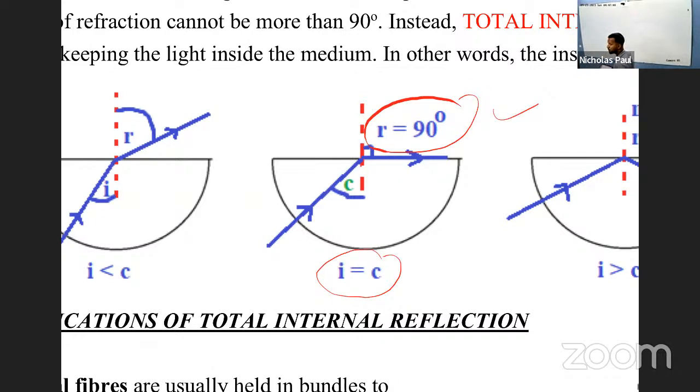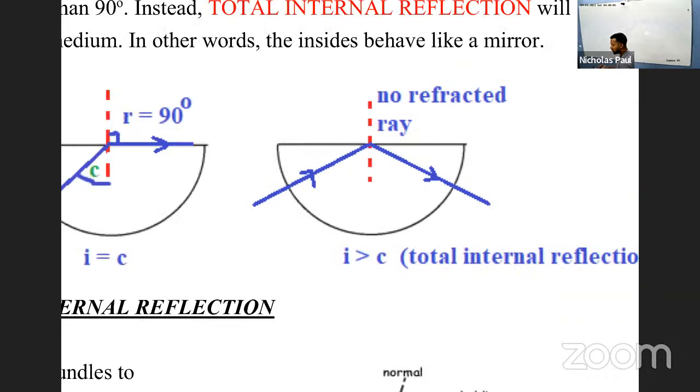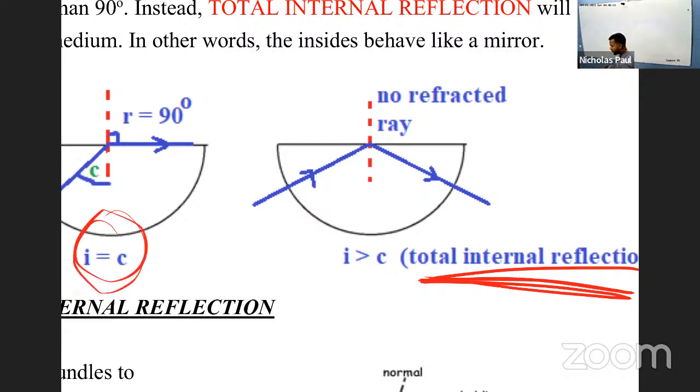That special angle is called your critical angle. If you go greater than this angle, you end up with the phenomenon I showed you called total internal reflection. But you have to go beyond this angle. It has to be larger.